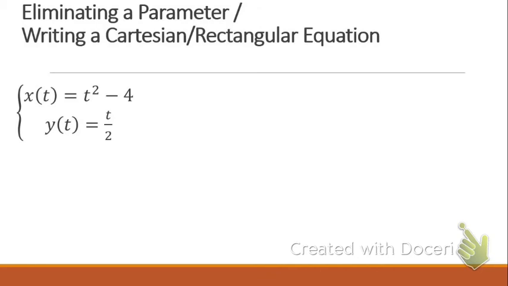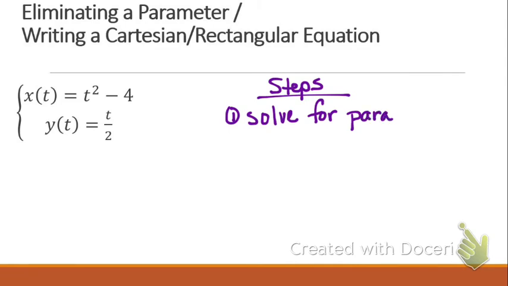There's a couple different ways that it is described. So your 3 steps, step number 1 is going to be to solve for t. Solve the parameter for t.